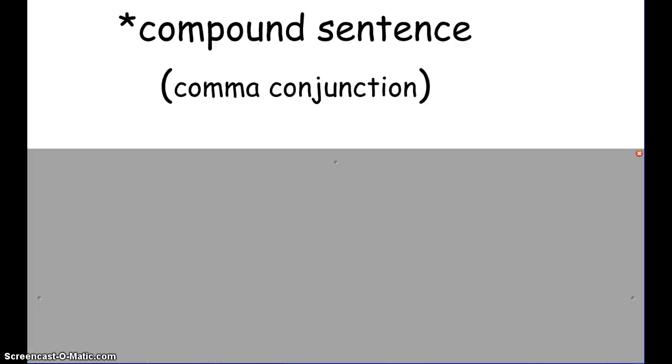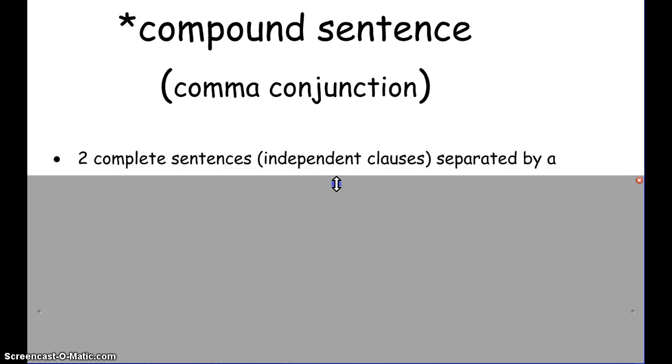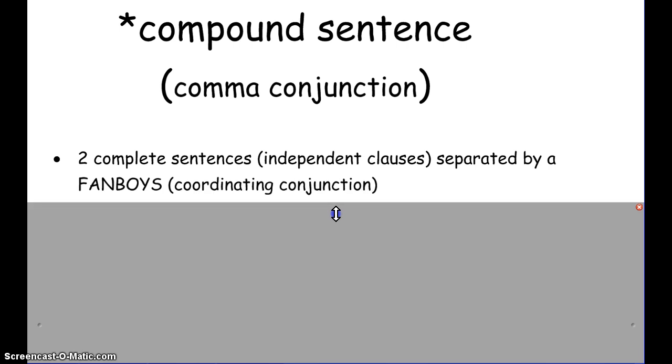The next type is probably the newest one that we've been talking about, but you have been required to put these into your last couple of writings, and that's a compound sentence with a comma and a conjunction. So what are we looking for? You need 2 complete sentences, or independent clauses, that we're separating by a fanboy.